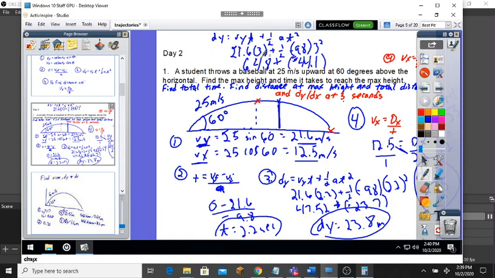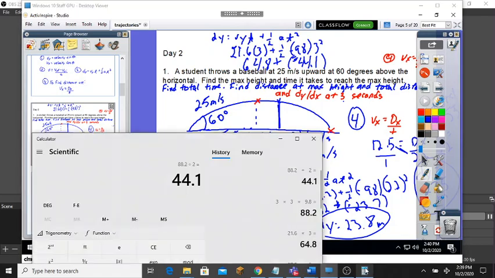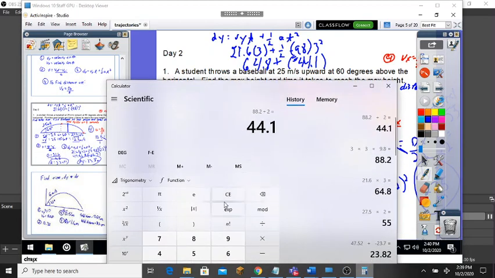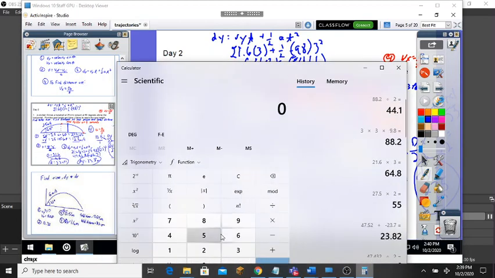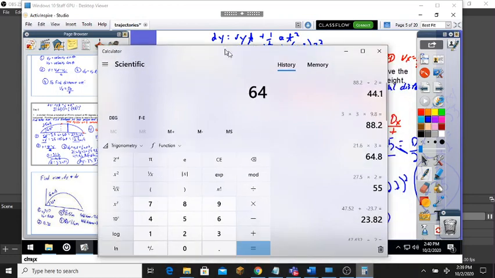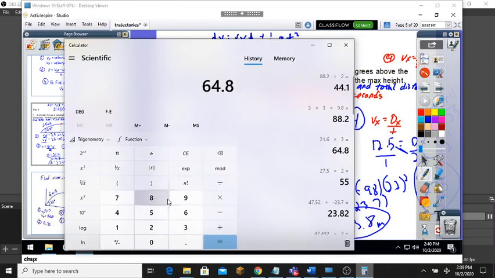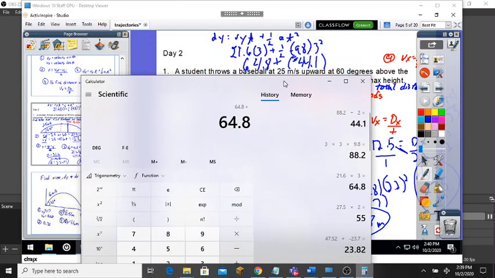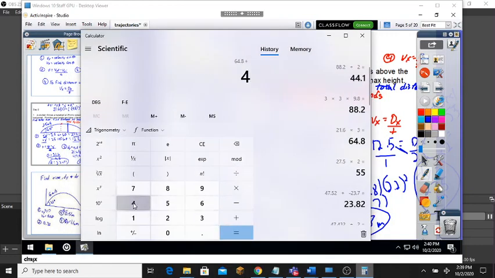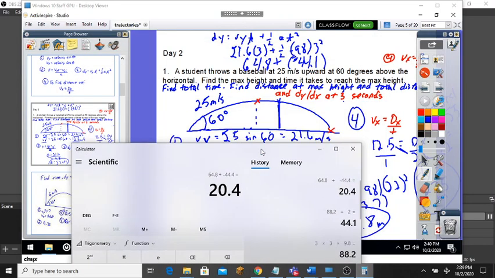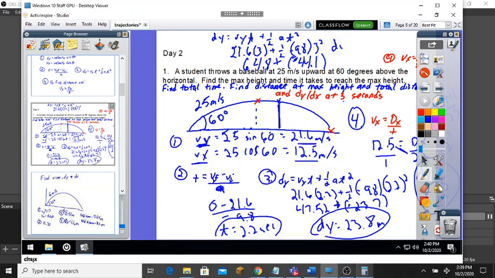And now I'm going to add 64.8 plus negative 44.1. Gets me 20.4.